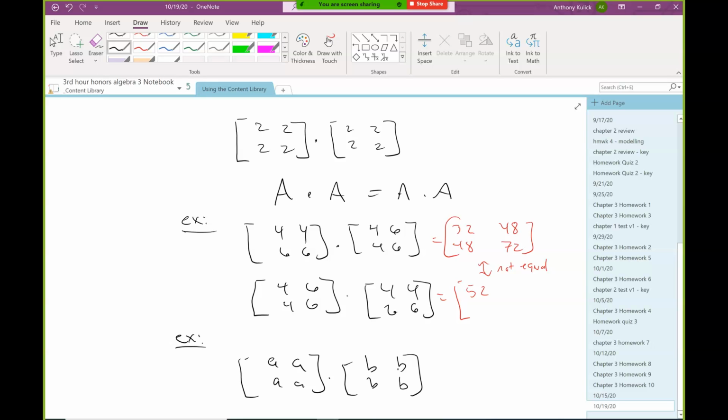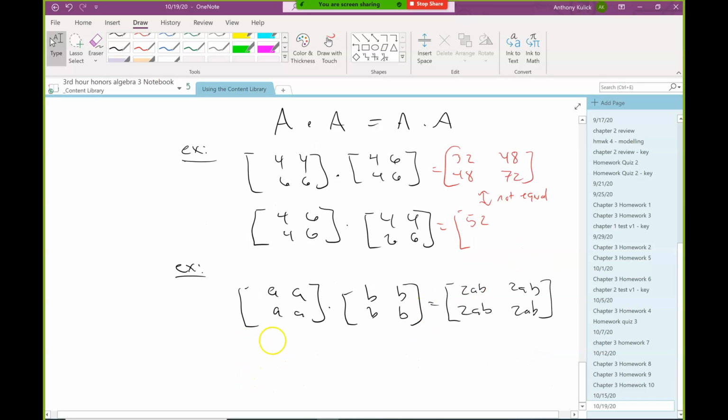So if I do that, I get A times B and then A times B. So I have 2AB, 2AB, 2AB, and 2AB.